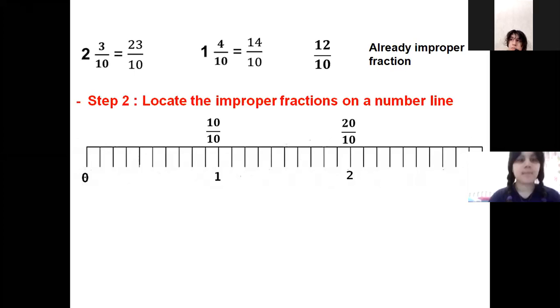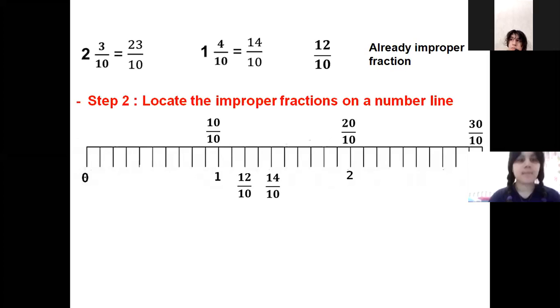Look, the one whole is already 10 out of 10, so count 11, 12, 13, 14, so it will be here. 12 over 10, this is 10 out of 10, 11, 12. 12 will be here. So look, this is 12 over 10 because it comes after 10 pieces, 11 pieces, 12 pieces. 14 then is going to be here.